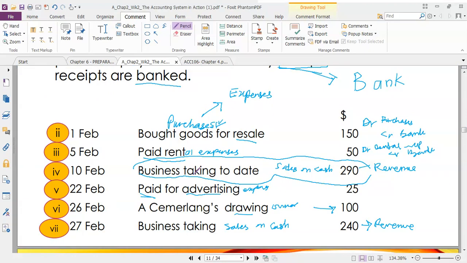Next is 10 February. Business taking to date. It means that sales on cash, 290. Sales is our revenue. So when you increase the revenue, you must put revenue on credit side or debit side?